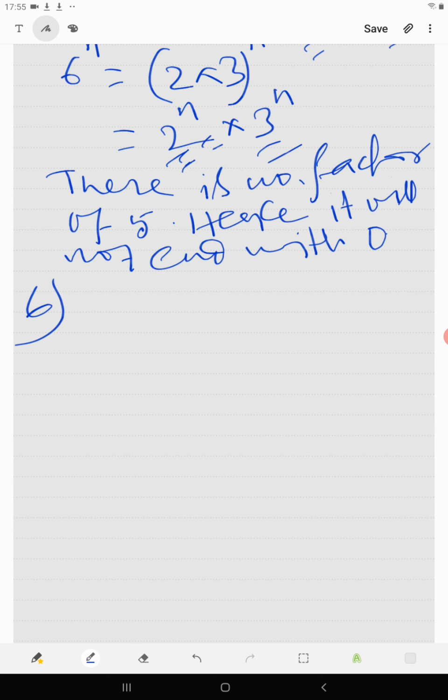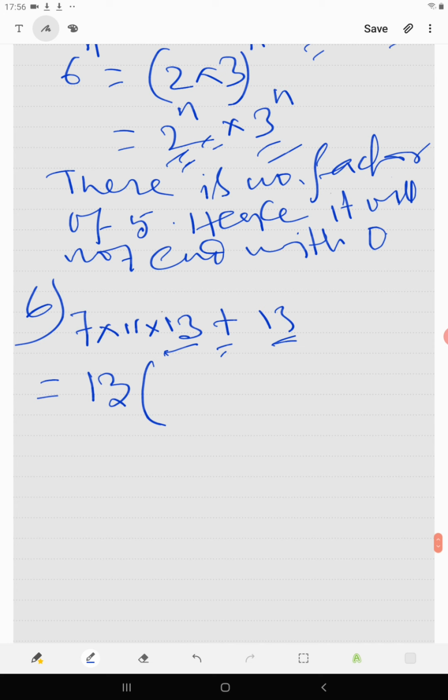Okay, so the first thing is 7 into 11 into 13 plus 13. You see we have two terms with a plus in between, and 13 is common over here. So I'll take 13 common. If I take 13 common, I am left with 7 into 11 in the first term, plus 1 in the second.